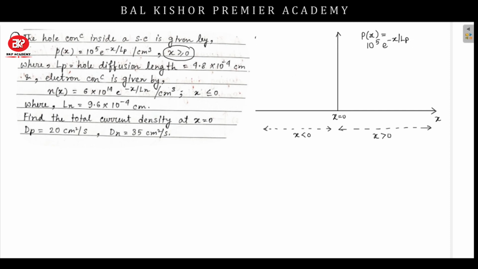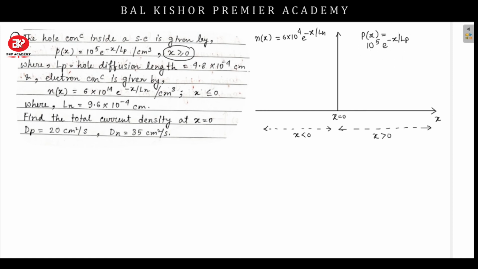Similarly, the electron concentration n of x is given as 6 into 10 to the power 14, e to the power minus x by Ln. It is valid for x less than 0, and the hole concentration is valid for x greater than 0.